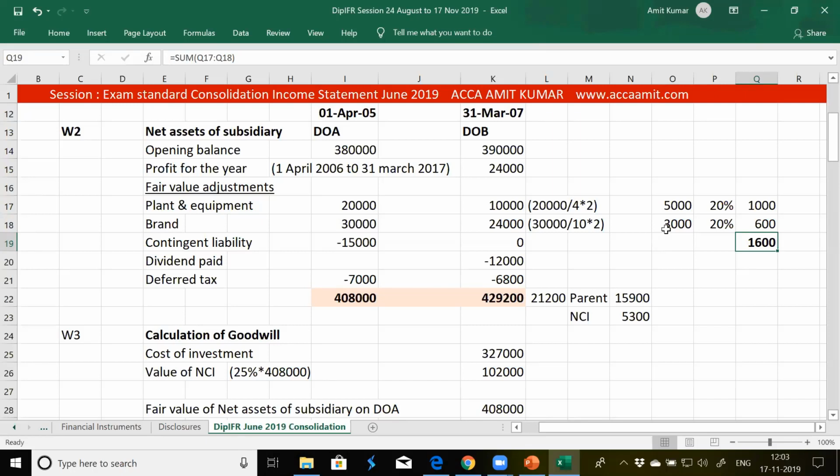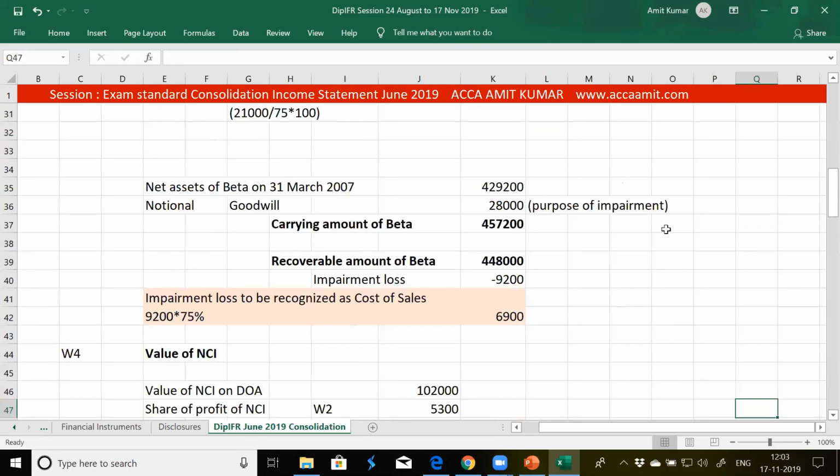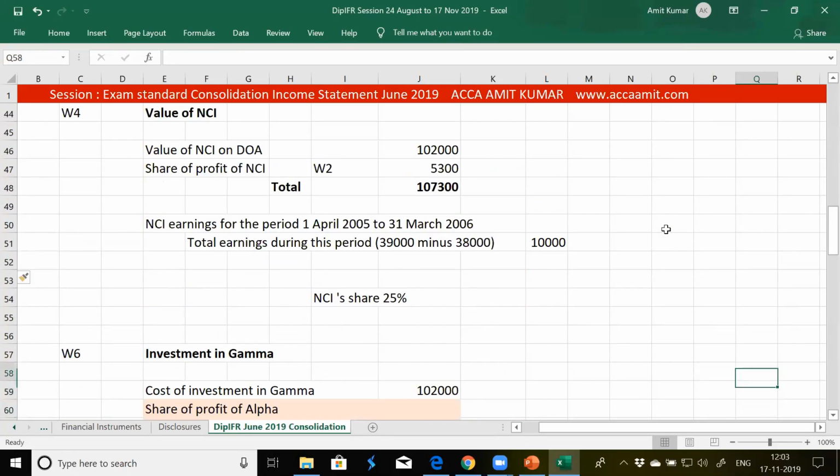Deferred tax expense of 1,600, which reduced the profits by 1,600, because we believe that there is going to be a liability in future. So the deferred tax adjustment in it is 1,600.